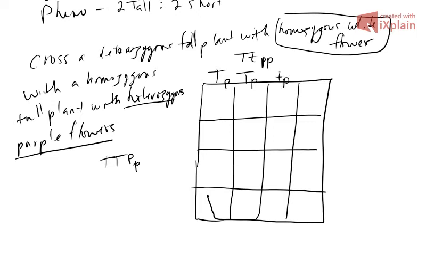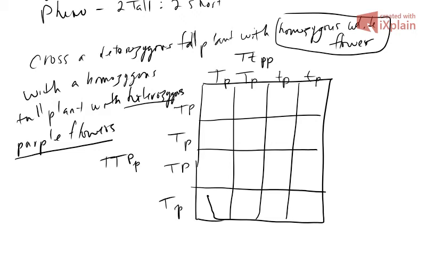And last would give us little t, little p. Over here, first would be capital T, capital P. Outer would give you capital T, lowercase p. Then inner, capital T, capital P. Last would be capital T, lowercase p.